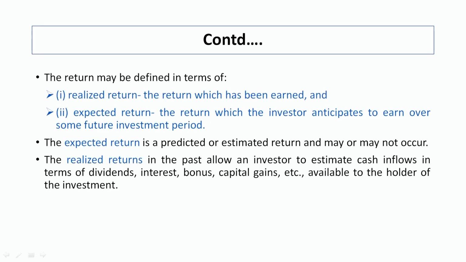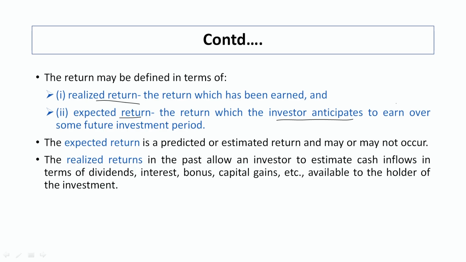Now, return can be defined in terms of realized return, that is the return which has already been earned, and expected return, which we expect from the future investment, that is the return which the investor anticipates to earn over some future investment period.